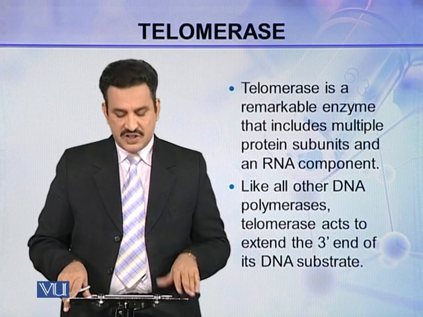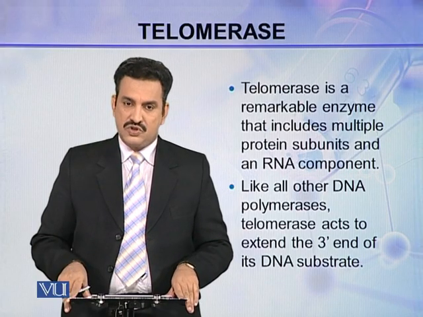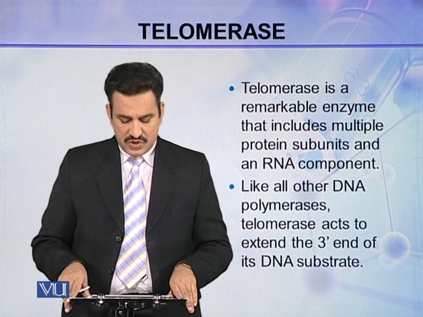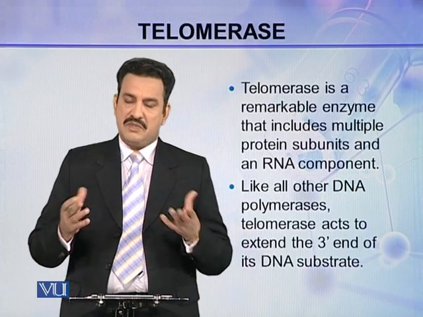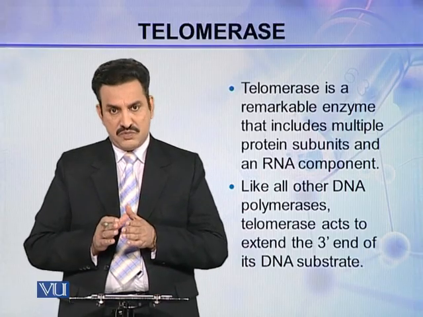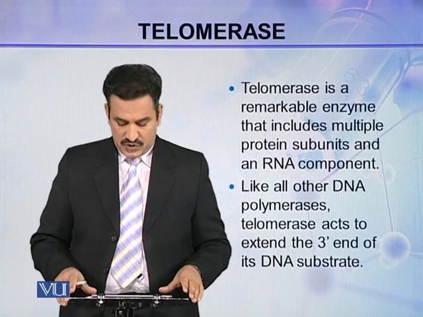Telomerase is another important enzyme used during replication. It is a remarkable enzyme that includes multiple protein subunits and an RNA component. So this is a multimeric enzyme. It contains many protein subunits and especially an RNA component as well.